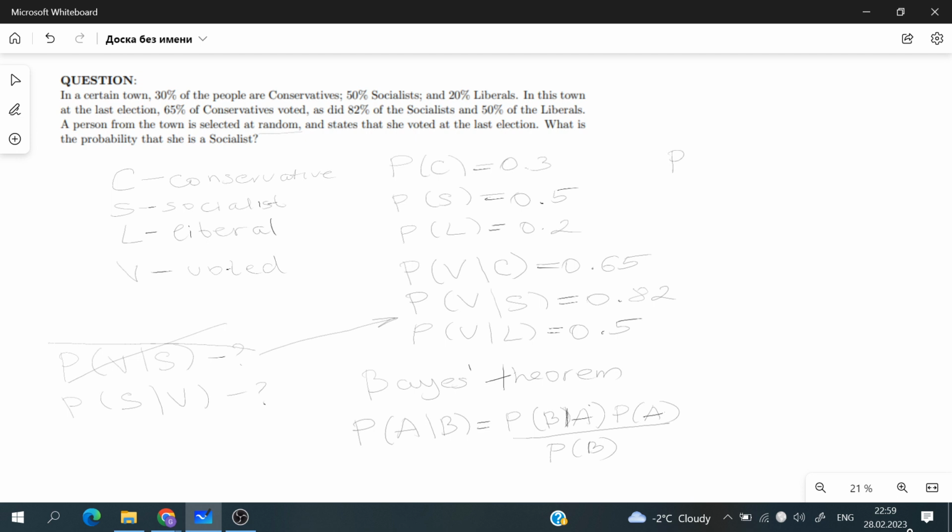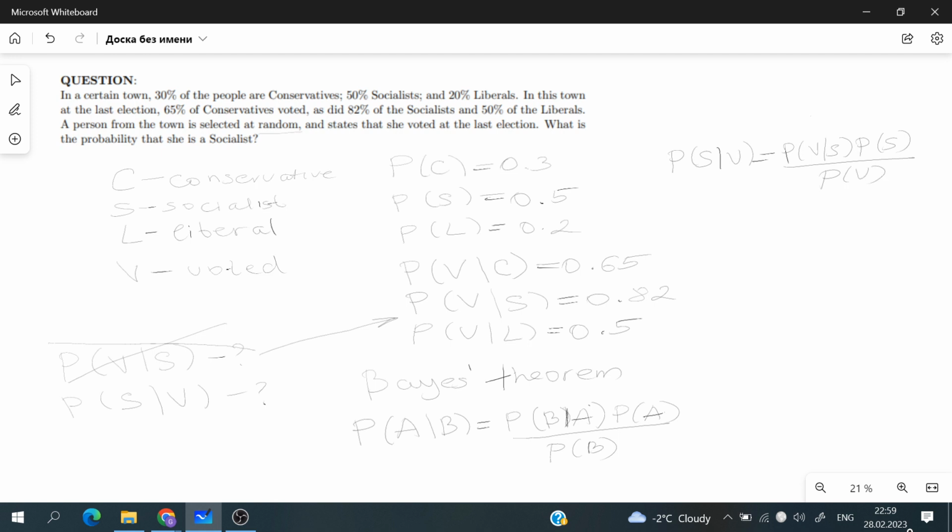We need to find probability of S given V equals probability of V given S times probability of S divided by probability of V.